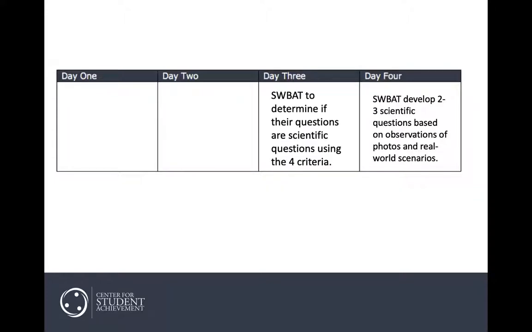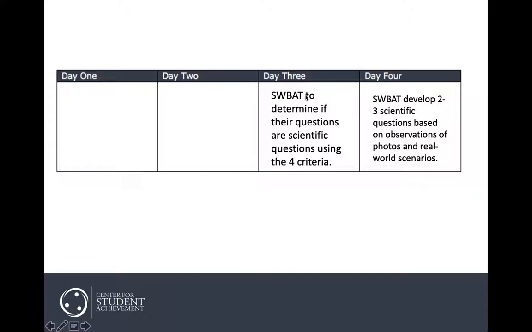So day 3, I really need to talk to them about what scientific questions are. It says students will be able to determine if their questions are scientific using the 4 criteria. I taught them a specific 4 criteria to look for: Is it testable? Does it make sense? Is it useful to the science field? And something else.